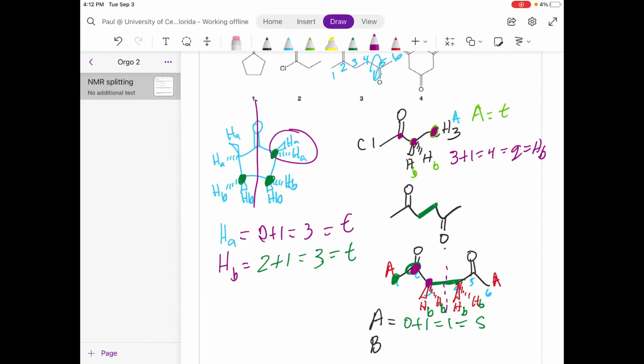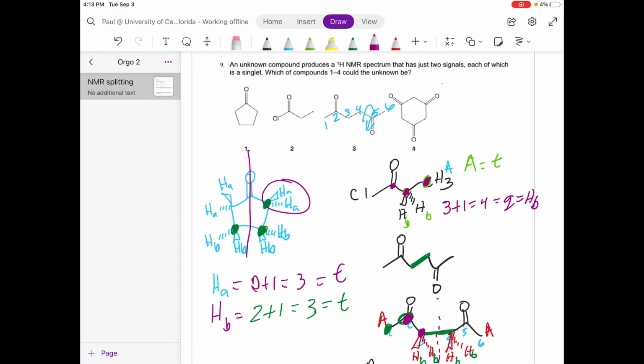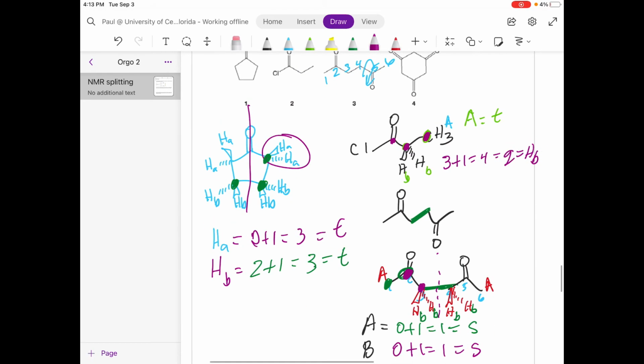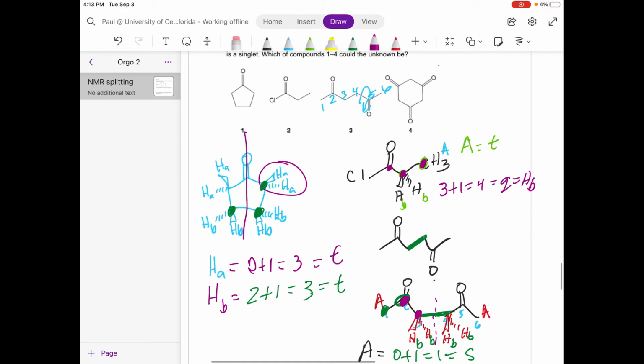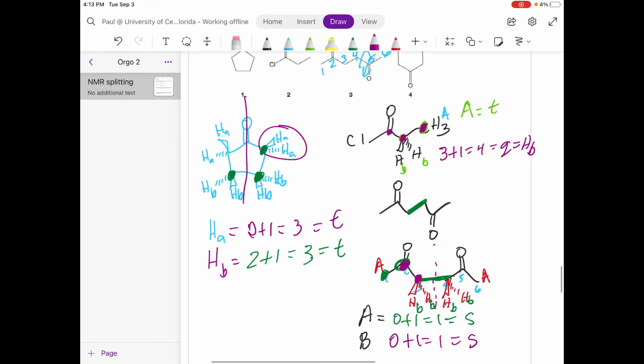And how many hydrogens are on that carbon? 0. So 0 plus 1 equals 1, which equals a singlet. Okay. So molecule 3 has two signals, and all of them are singlets.